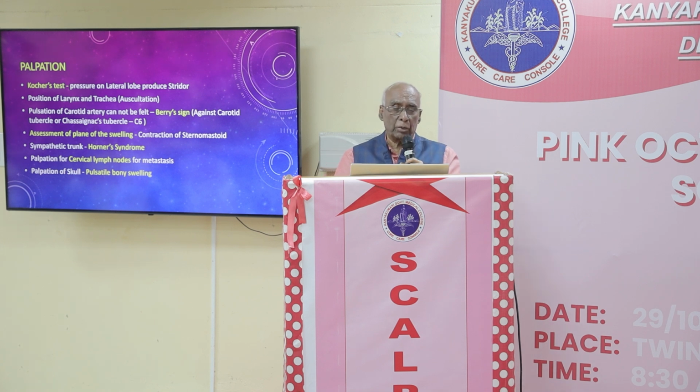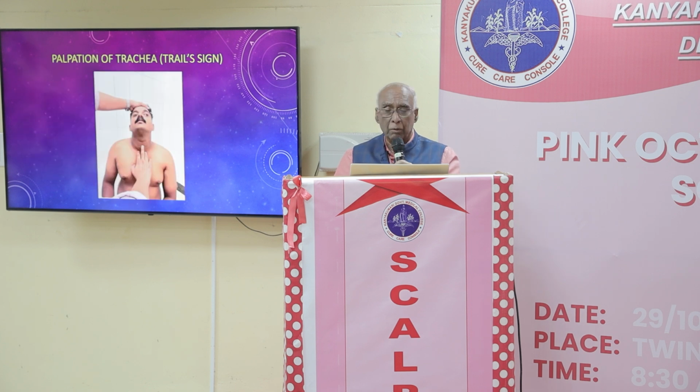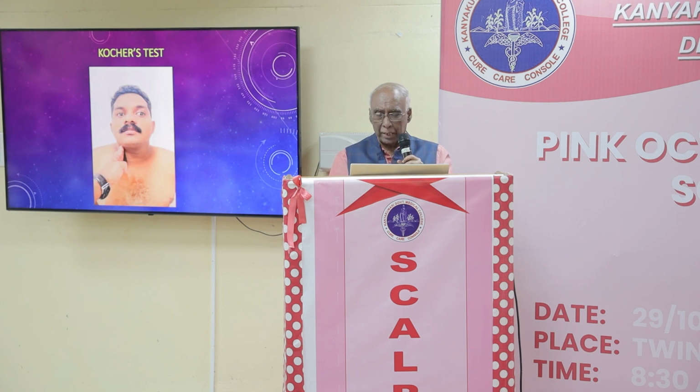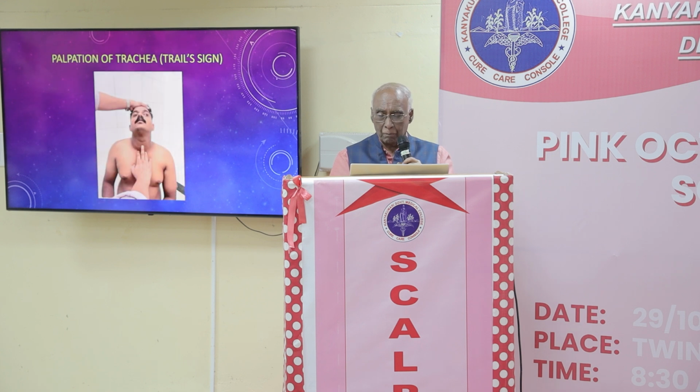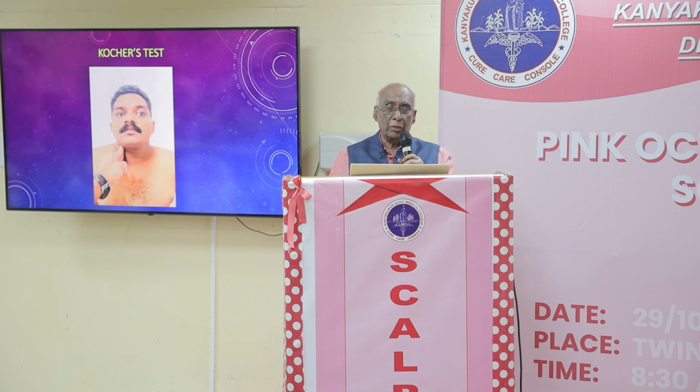And then the Kocher's test is there, the plane of the swelling is there. This is how to find out the position of the trachea with 3 fingers. Did you mention that? You didn't mention. Position of the trachea. Okay, then this is the Kocher's test, just gentle pressure.